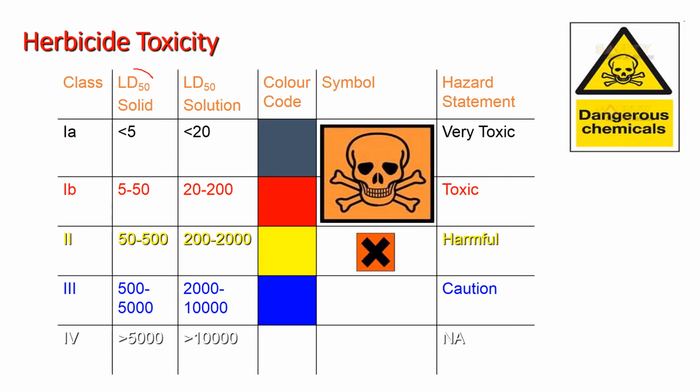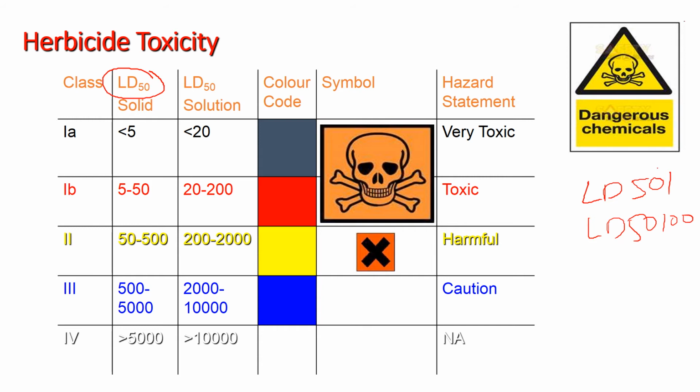LD50 is the lethal dose value on the test population, usually animals. The lower the LD50 value, the less chemical is required to reach lethality. So an LD50 of 1 is more toxic than an LD50 of 100, for instance.